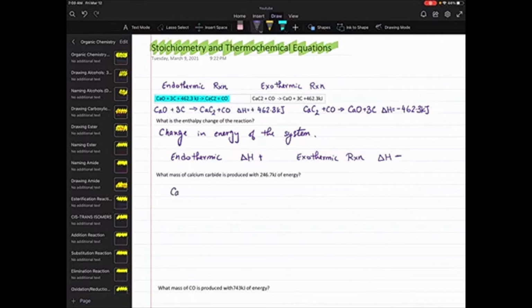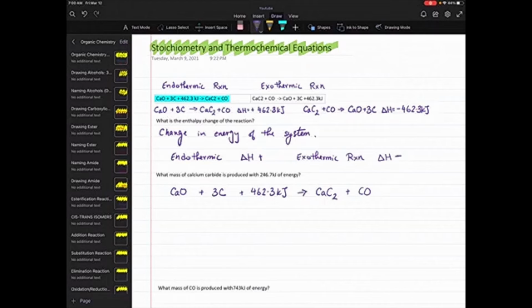Let us rewrite the equation so that we are clear: calcium oxide plus 3 carbons plus 462.3 kilojoules of energy forms calcium carbide plus carbon monoxide. Our equation is balanced, and we are looking for the mass of calcium carbide that would be produced using 246.7 kilojoules of energy.